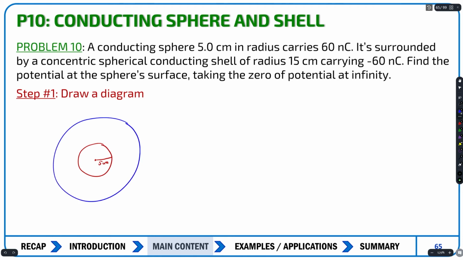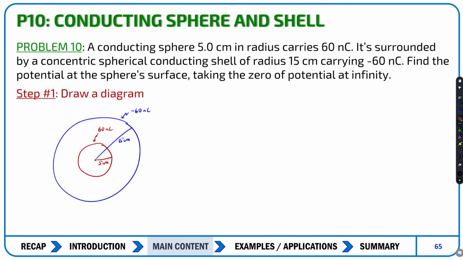It is a conducting shell, 15 centimeters in radius, carrying... this arrow just simply means how much charge there is on the surface. It has minus 60 nanocoulombs of charge. Just remember, for a conductor, all of the charge is on the surface. So over here, we have 60 nanocoulombs of charge on the surface.